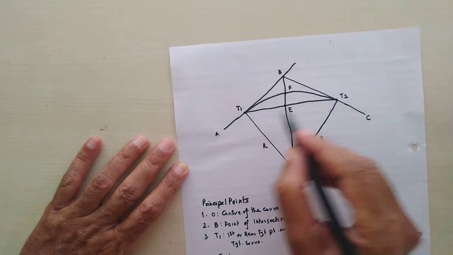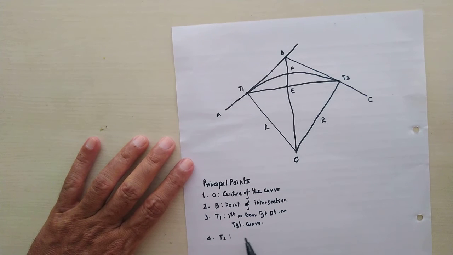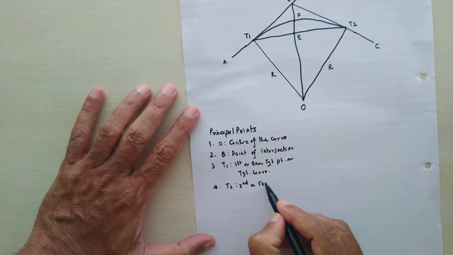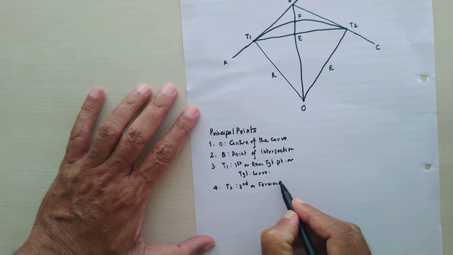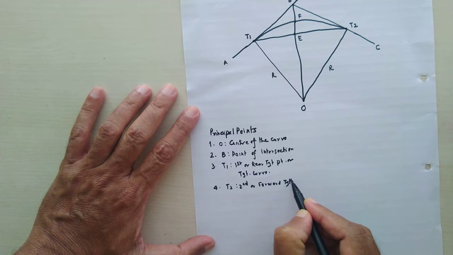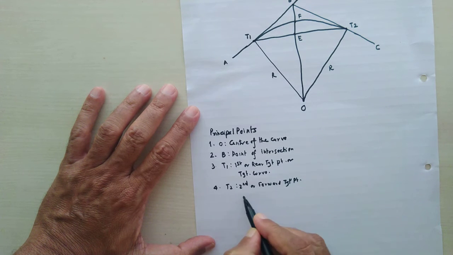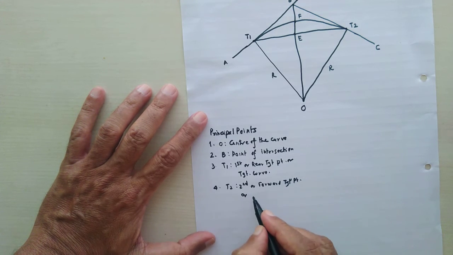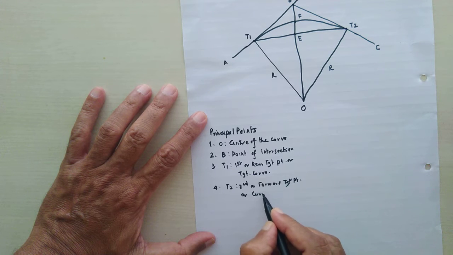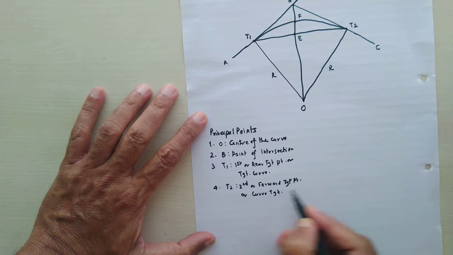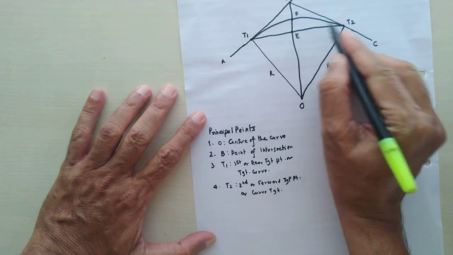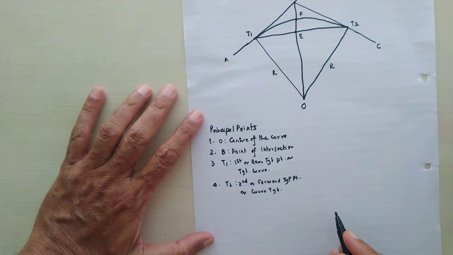It is called the second or forward tangent point, or it is called the curve tangent. Why curve tangent? Because at this point the curve is getting converted into the tangent.